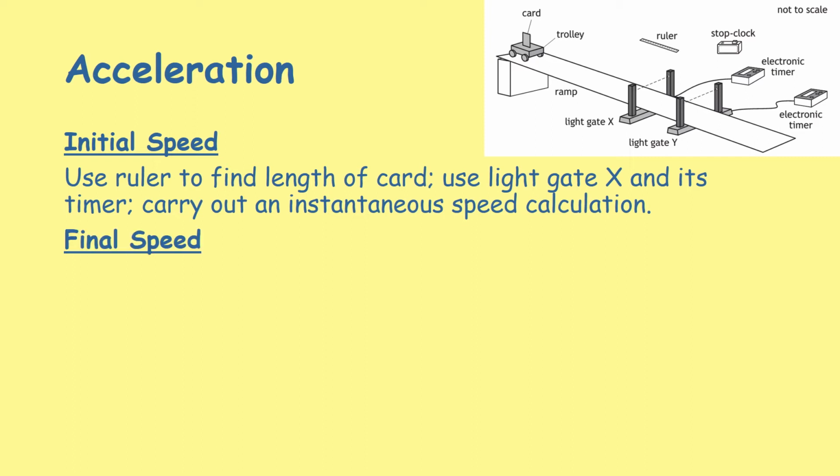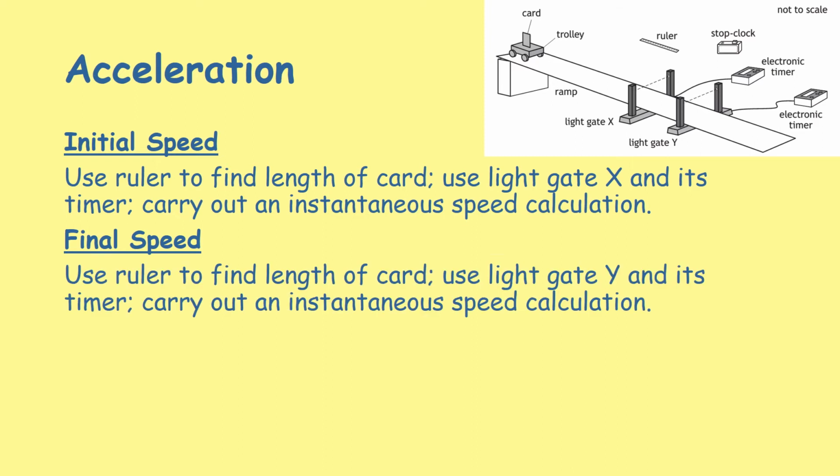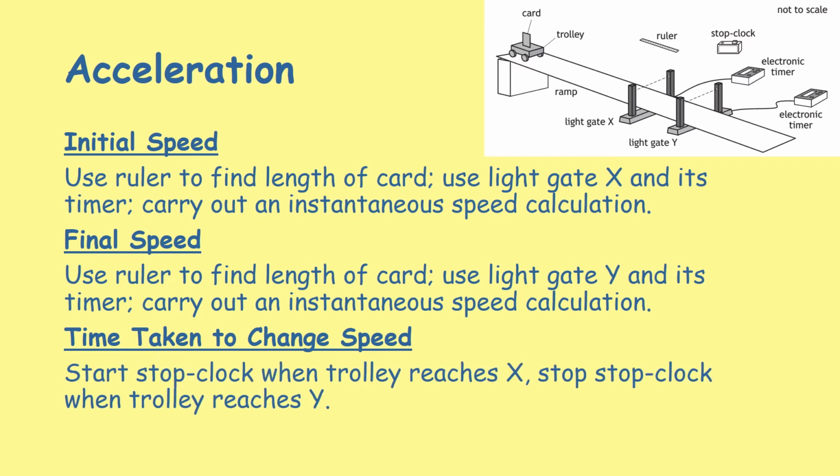Now we want to calculate the final speed. Again, we want to use a ruler to find the length of the card, and this time use light gate Y and its timer. We then carry out another instantaneous speed calculation. Finally, we need the time taken to change the speed. So we start the stop clock when the trolley reaches X and stop the stop clock when the trolley reaches Y.